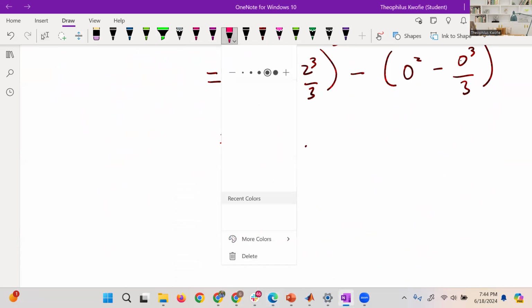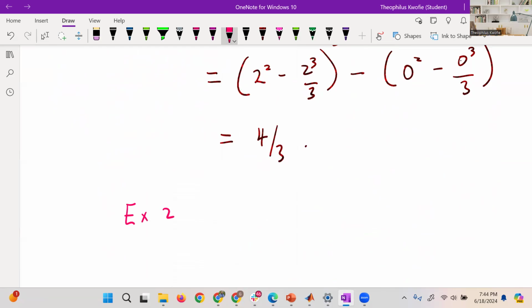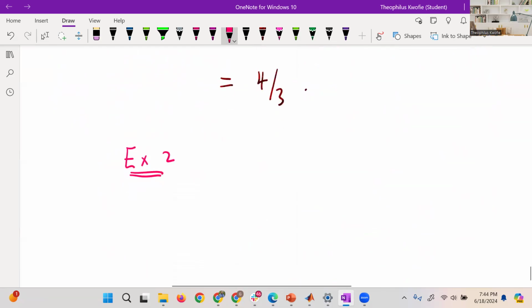Very important. So let's take one more example for us to understand it better. What does the question say?